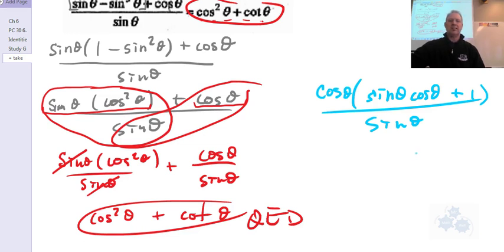Okay, so that makes it a bit tricky, doesn't it? Because now you have nothing to cancel out. You can't cancel the sine out there. You have cos over sine, you have cotan, but you're multiplying. So this may be a little bit more work. Okay, so recognizing this right here would be your best bet.